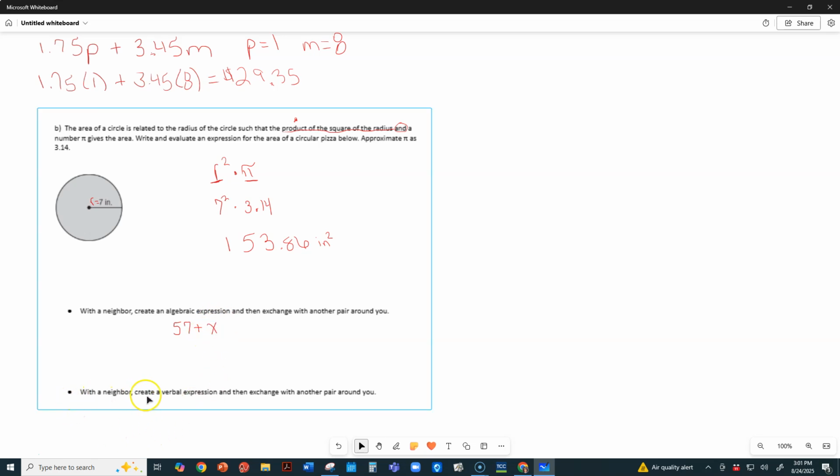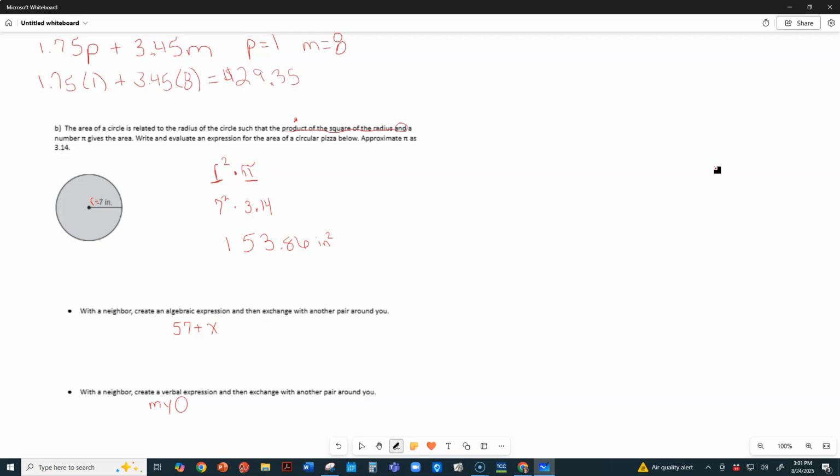Write with the neighbor, create a verbal expression. So they just want you to write it as a sentence. Okay, so I guess I could do the same thing. My age, oh my goodness, they changed that to an oval.